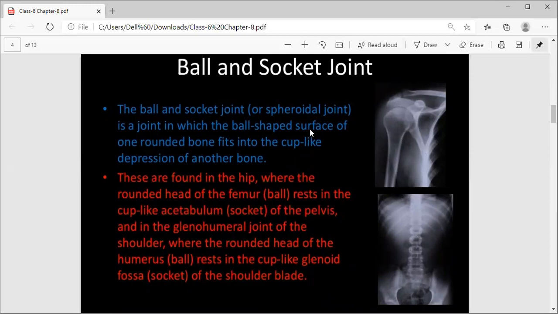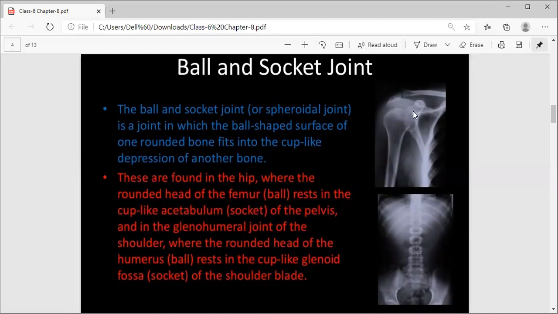A ball and socket joint is a joint in which the ball-shaped surface of a rounded bone fits into the cup-like depression of another bone. So children, you can see here in the diagram, it's very clear how a ball-shaped surface is fitted into a cup-like surface.